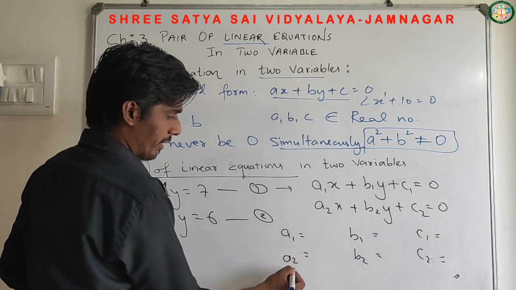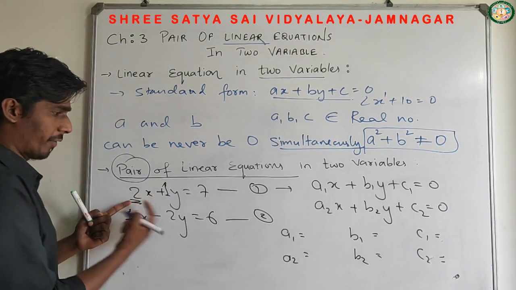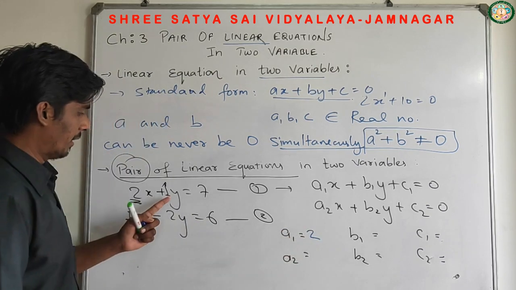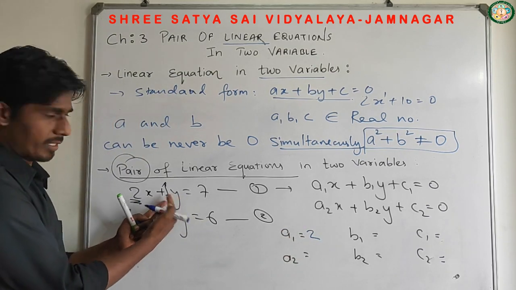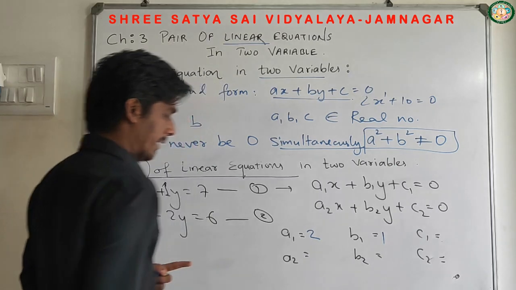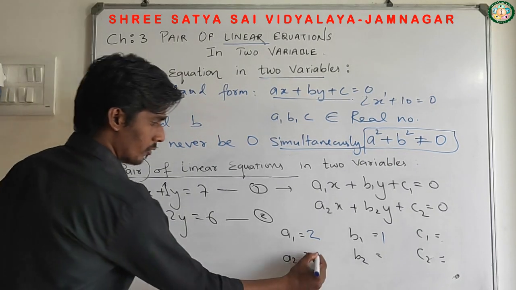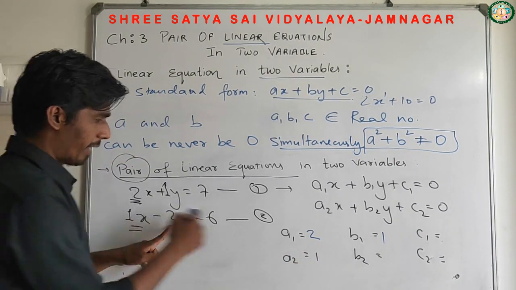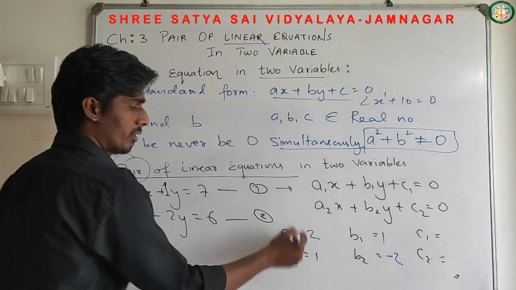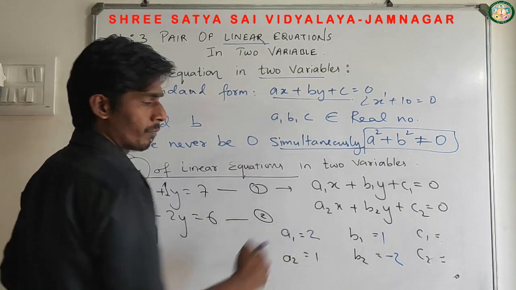Now a1 is what? Coefficient of x, that is 2. b1 is what? Coefficient of y in the first equation, it's 1. a2 is 1. b2 is minus 2. So these are the values of a1, a2, b1, b2.